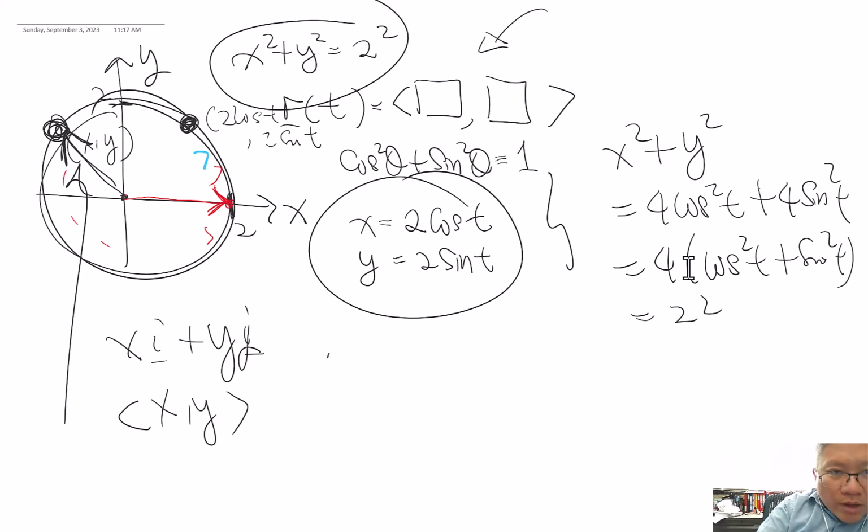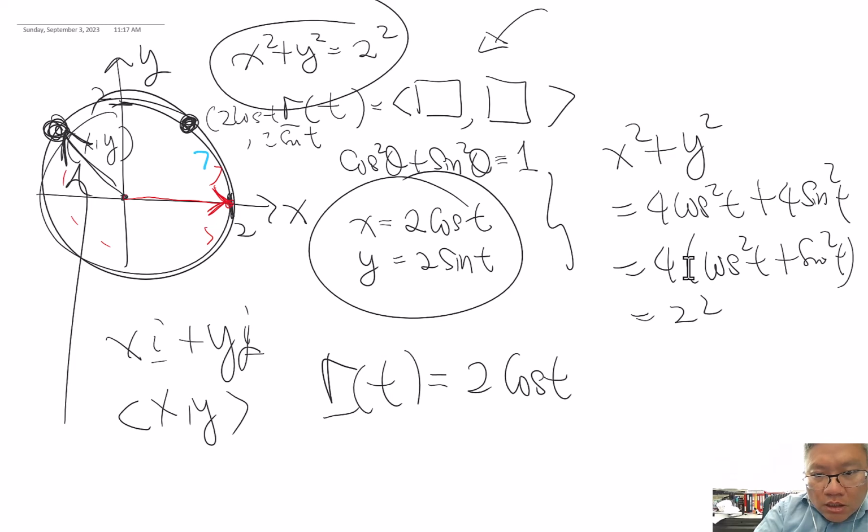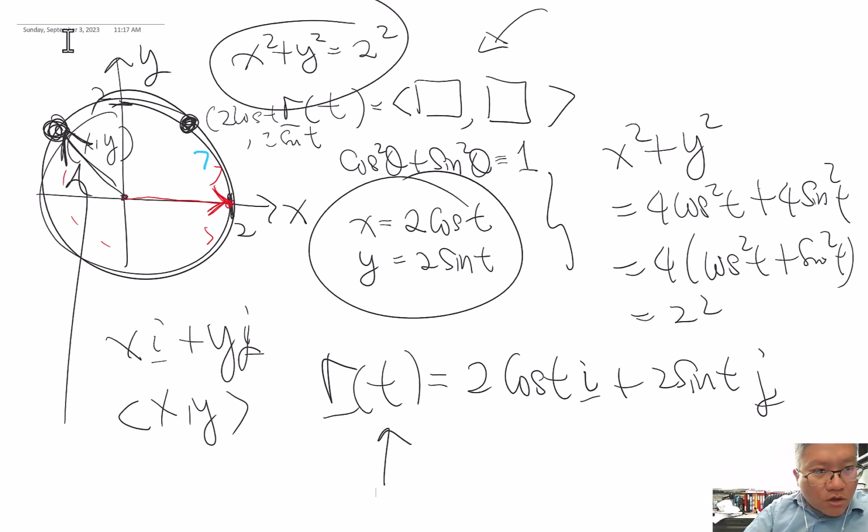Knowing that, we are now ready to claim that if you write this as 2 cosine t i plus 2 sine t j, input real number, outputs vector. So what you are going to get is the following.